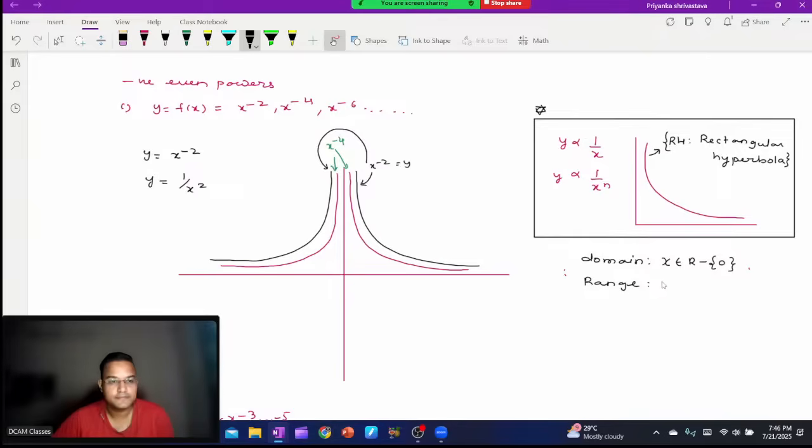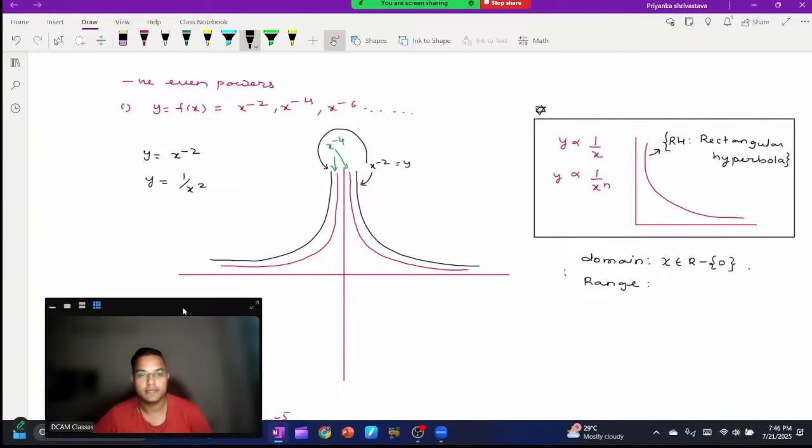So you'll get a union, because there's no 0 included. You can tell me what it will be. So open interval of 0 to infinity. Correct.